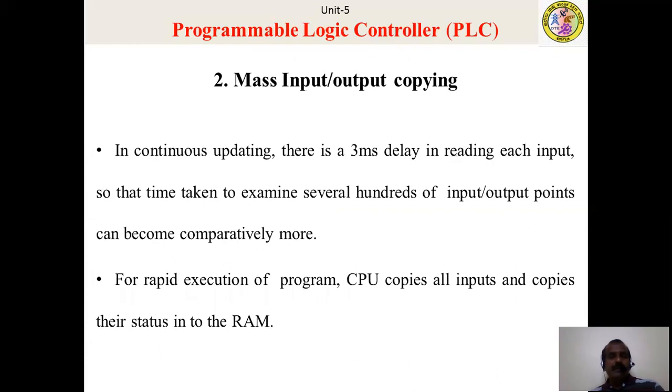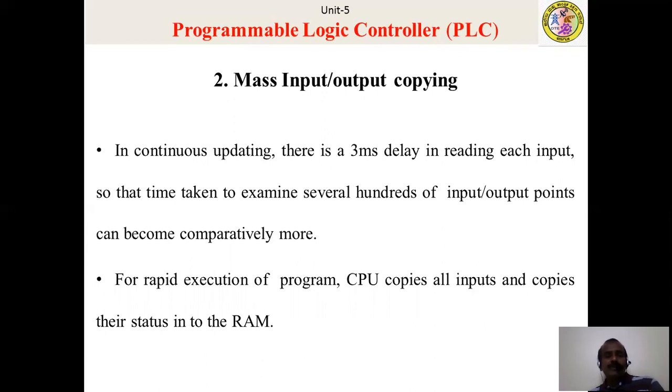The second method is masked input-output copying. In the previous method, that is continuous updating, there is a 3 millisecond delay in reading each input. So the time taken to examine several hundreds of input-output points becomes comparatively more.